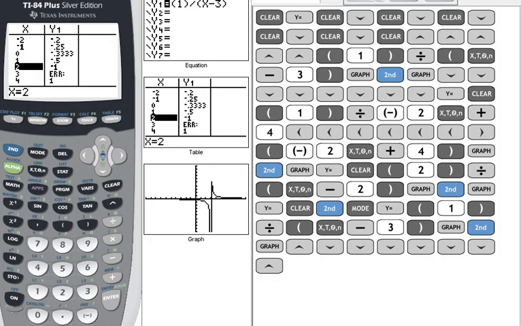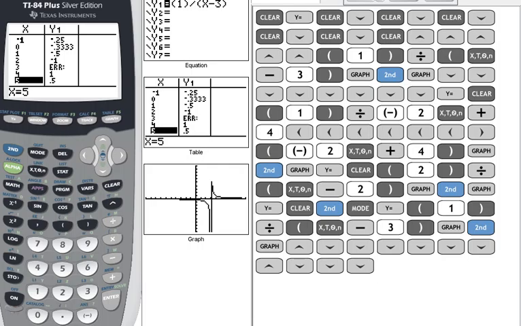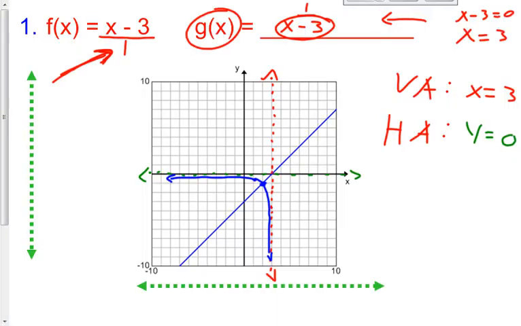Those are going to be at 4, 1, and 5, 0.5. Then those two, you're going to connect the dots with a line that also follows our asymptotes.